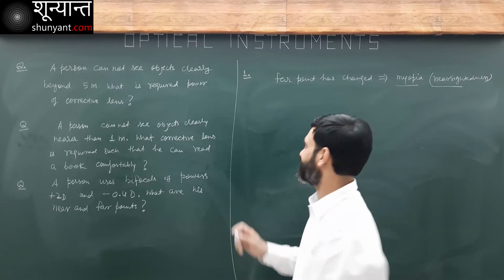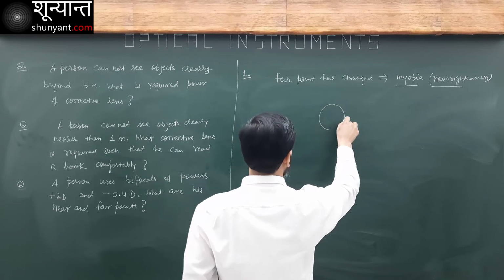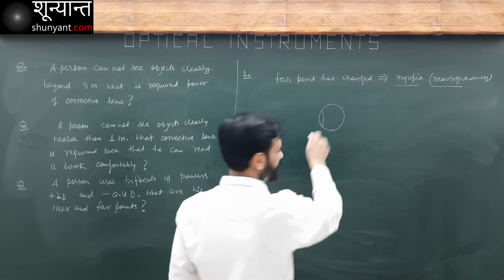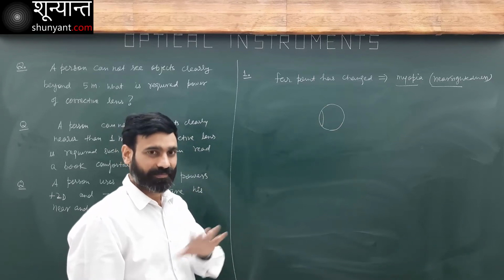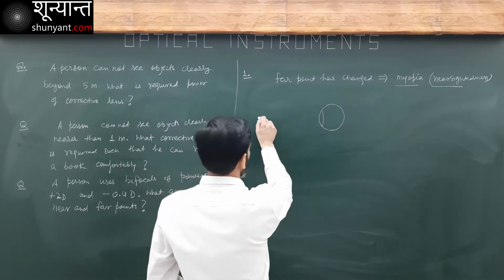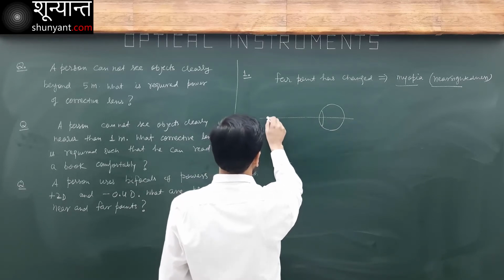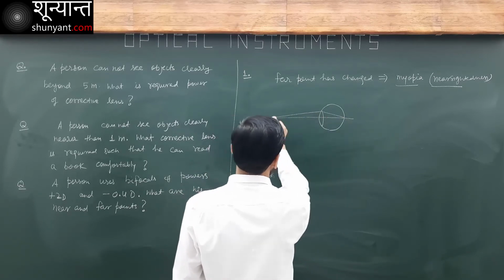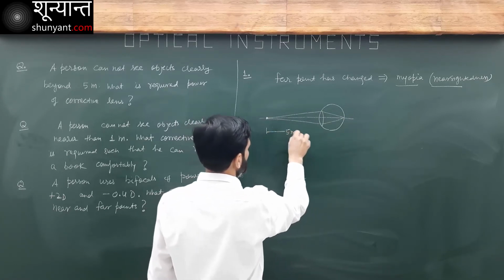Do you understand this? I am explaining this again so that things become clear. This I can see, at 5 meters.